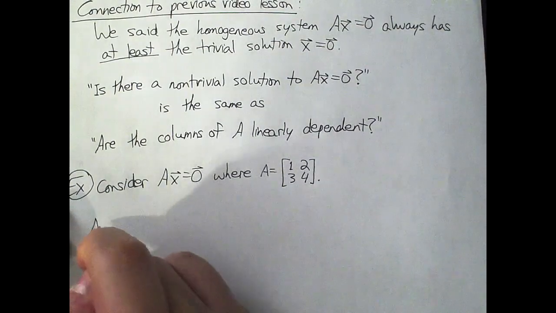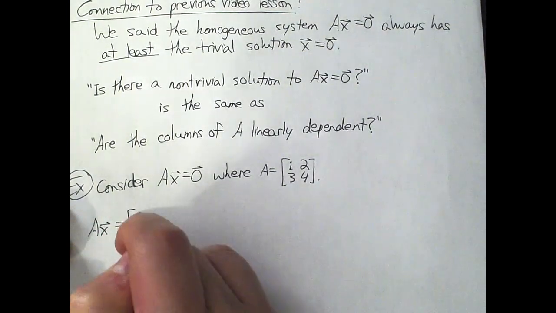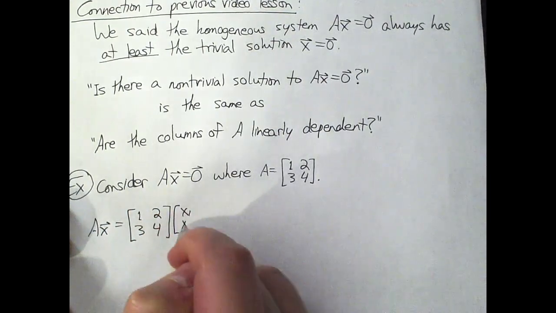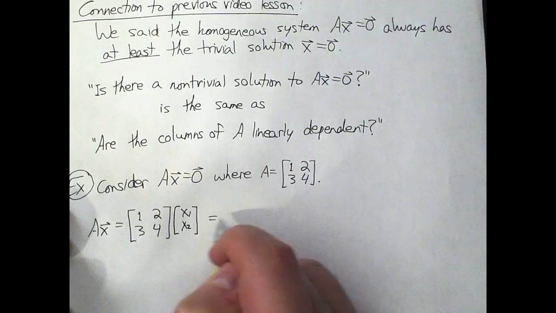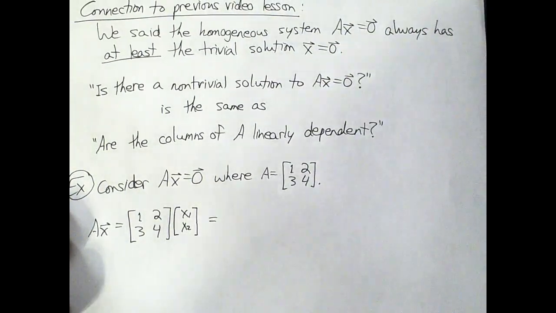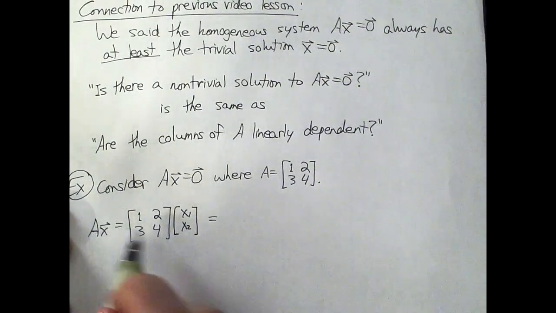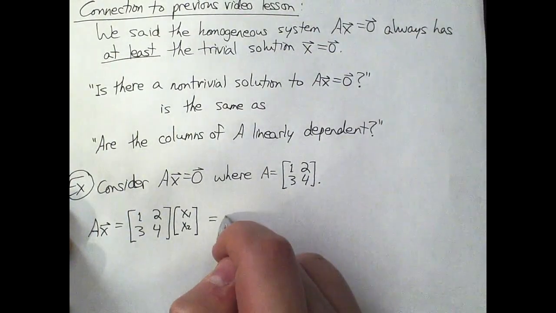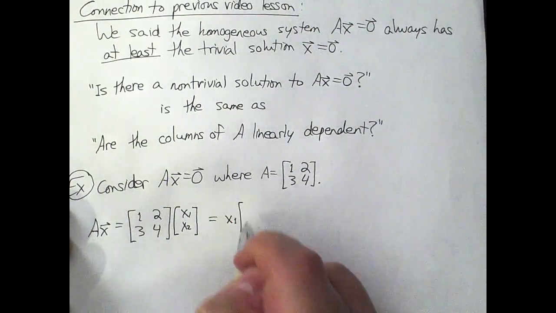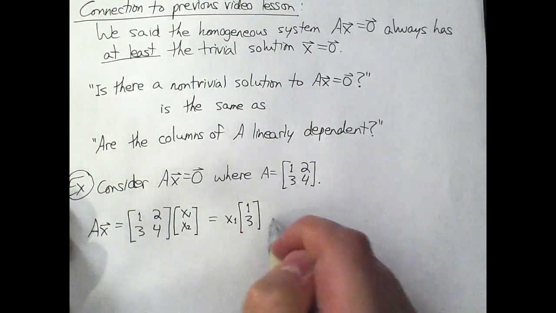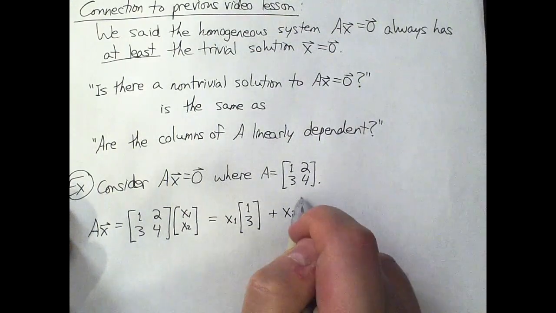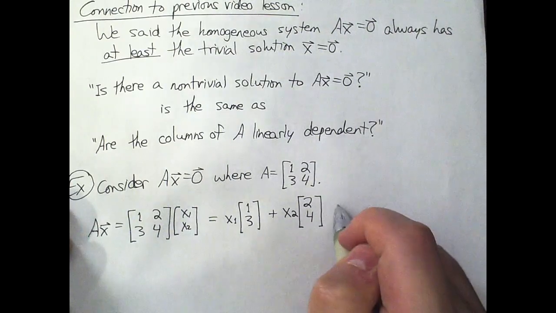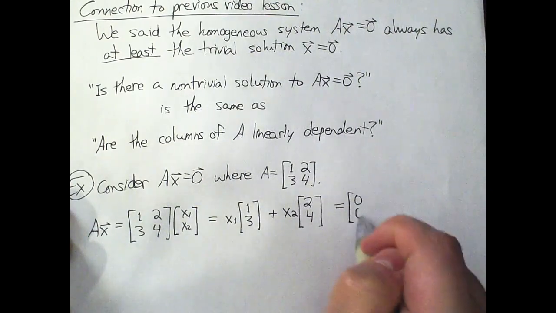So AX would be the 1, 2, 3, 4 times this. In the previous video, we saw how to multiply a matrix times a vector, right? You take the first entry of the vector times the first column of the matrix, plus the next entry of the vector times the next column of the matrix. And we want this to be 0.